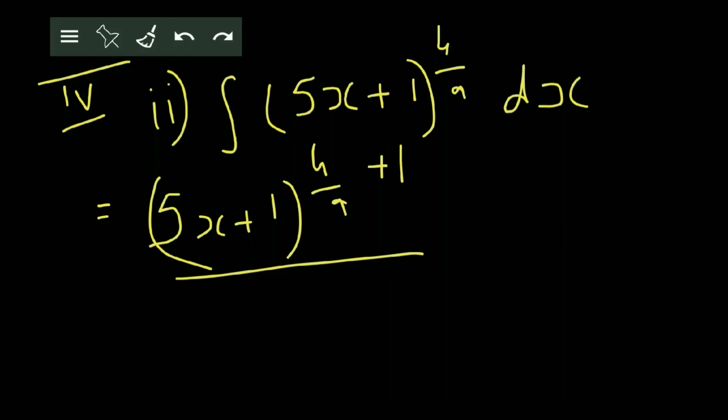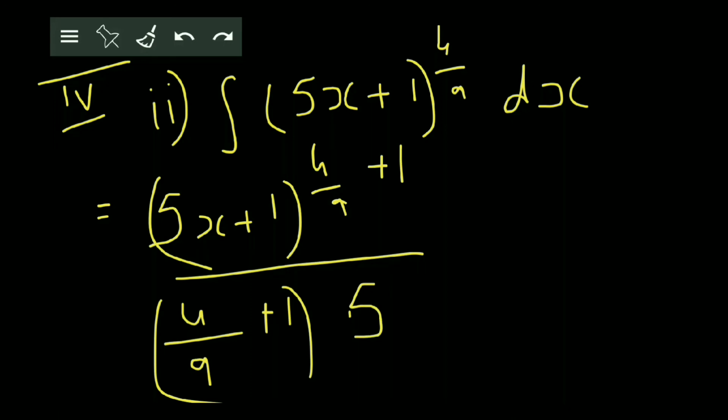So 4 upon 9 plus 1 upon 4 upon 9 plus 1. But it is not x, remember it is 5x. So we divide by 5 as well over here.